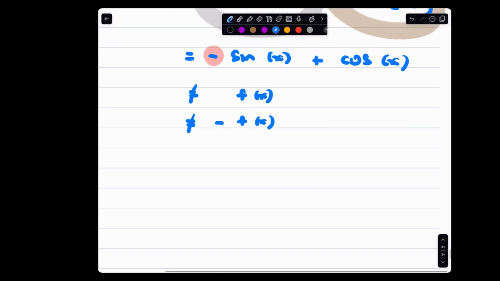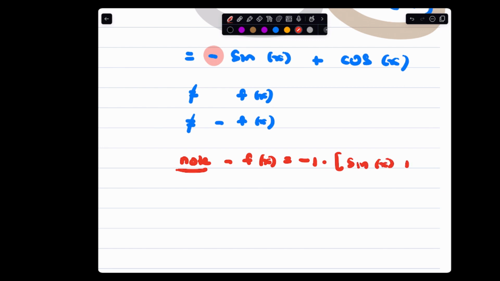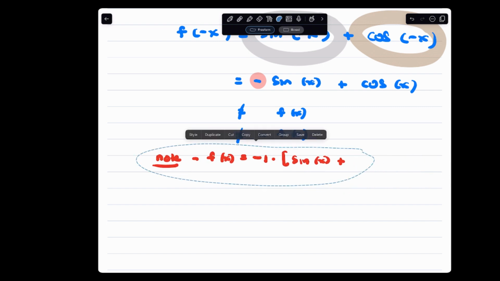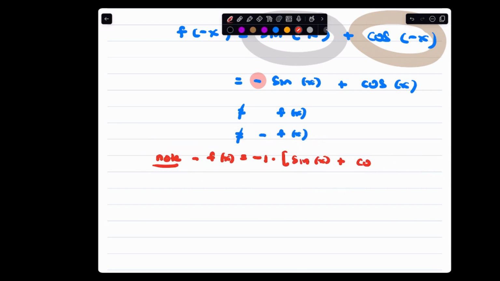So what I want you guys to note here is that minus f would be negative 1 times that f, which is sine plus cosine. Minus sine, minus cosine. So there's two negative signs.